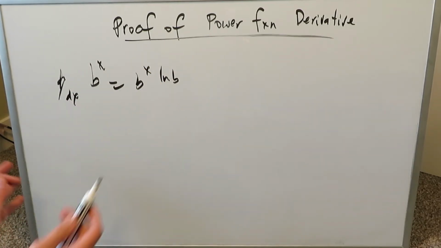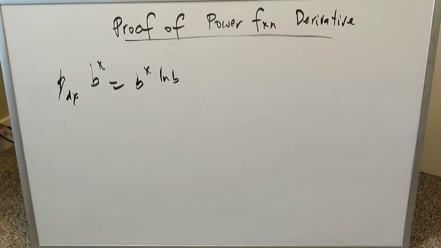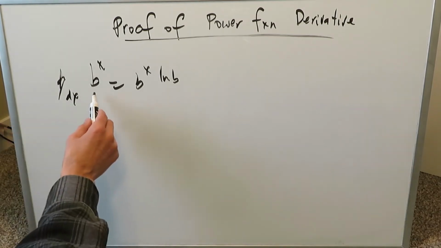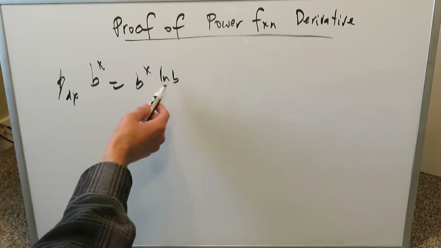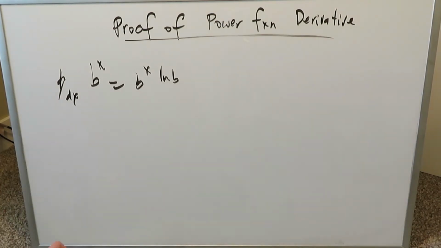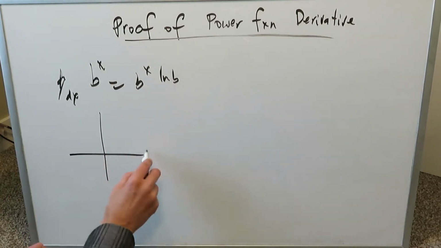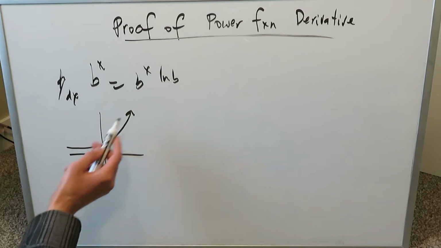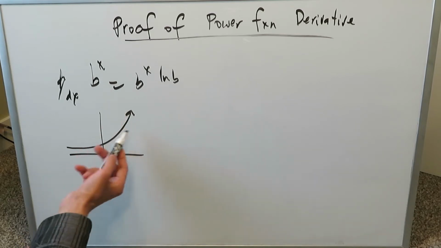We know this. We've seen this before and we've used these type of questions for derivative videos in the past. What we want to do is show why this is the case. Why does this power function lead to that in terms of its derivative? You could very graphically do it easy. b to the x is very similar in terms of graph to e to the x, always going through (0, 1).